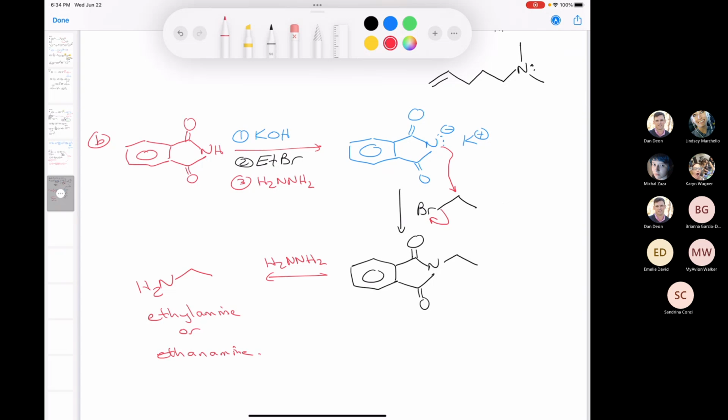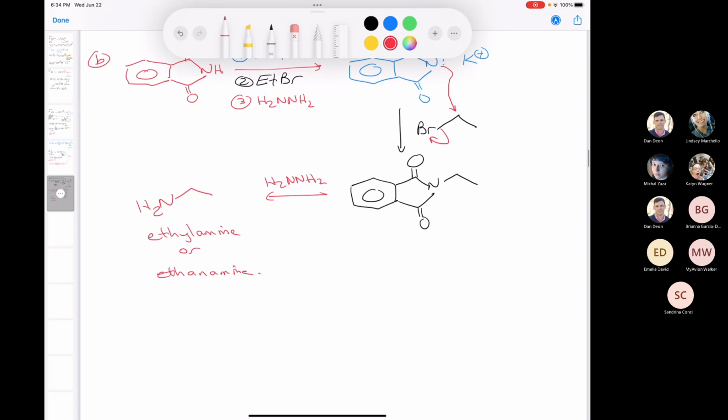Either one is perfectly reasonable. And then you also end up with the byproduct, which you don't really need to worry about, but I had it in the slides the other day, so it looks like this. There you go. So a little bit of Gabriel synthesis, a way to make a primary amine.